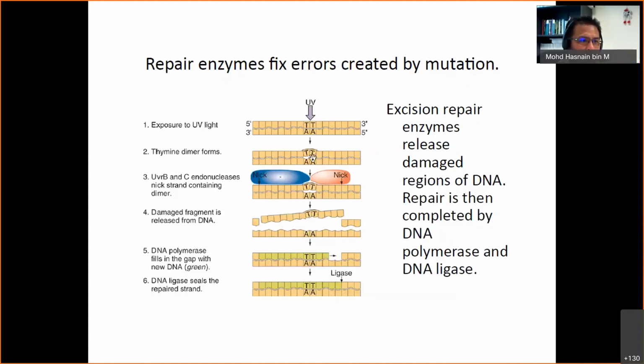When you have a mutation, for example, this one causing a dimer, the enzyme recognizes it, can identify it, can cut the region and replace it with polymerase, which can come and replace with the correct nucleotide that does not have the dimer.